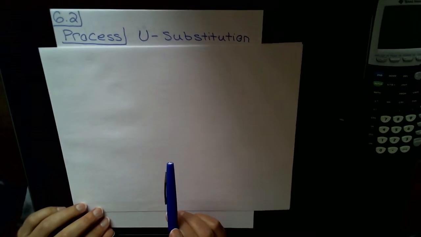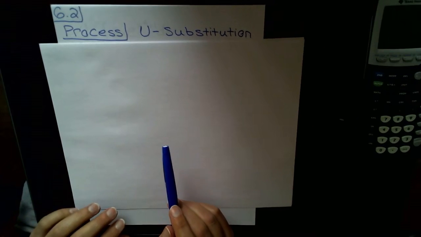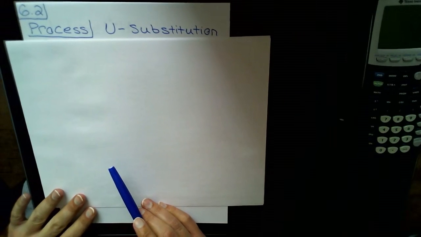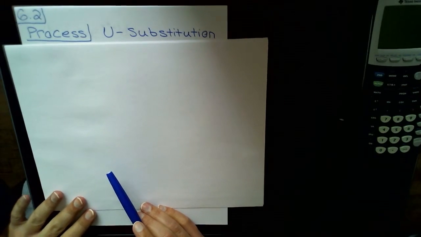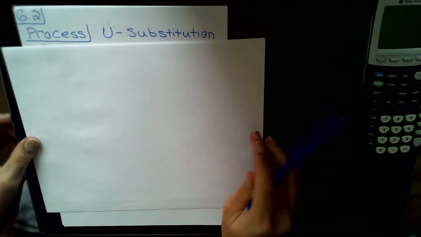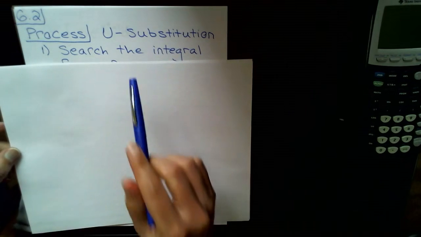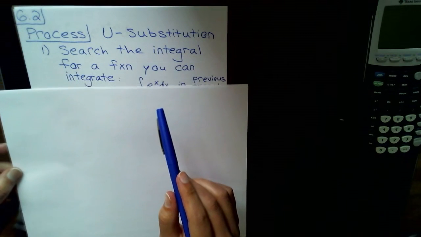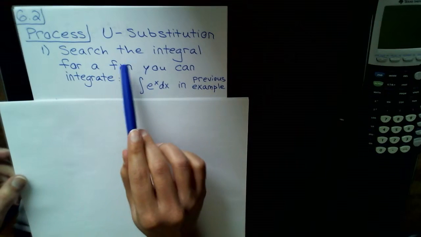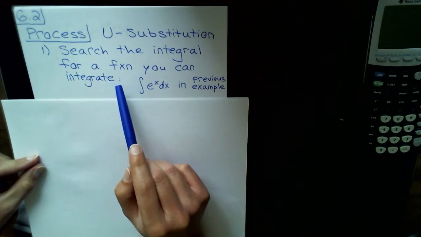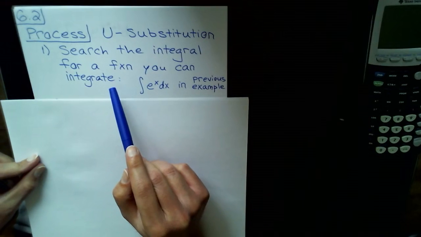So in comes u substitution. Now you may have heard about u substitution in a previous college algebra class. This is a form of it. So to start going through how it works, the first step in the process of u substitution says that we need to search the integral for a function you can integrate, meaning a complicated function, not something simple.